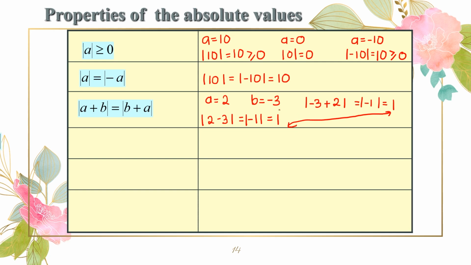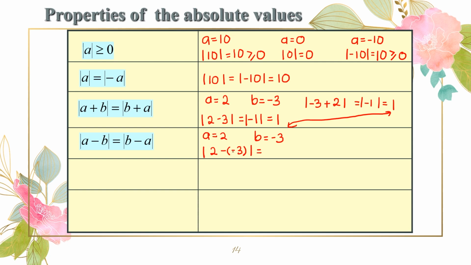Next, a minus b is equals to b minus a. We stick to the numbers from just now. A is 2 and b is -3. If just now we found the summation or addition, now we will do the subtraction. So 2 minus -3. Don't forget the absolute value sign.